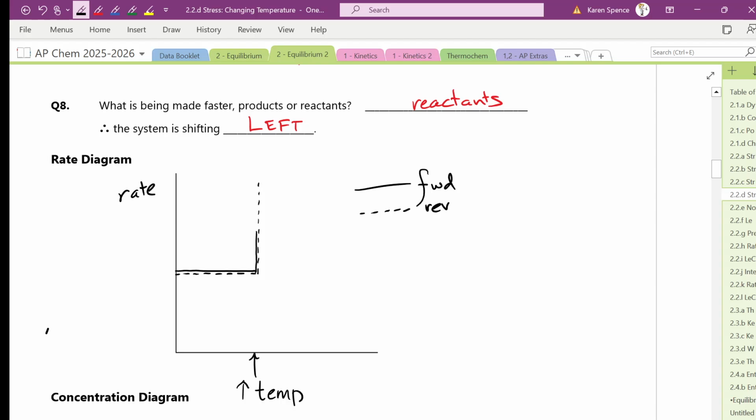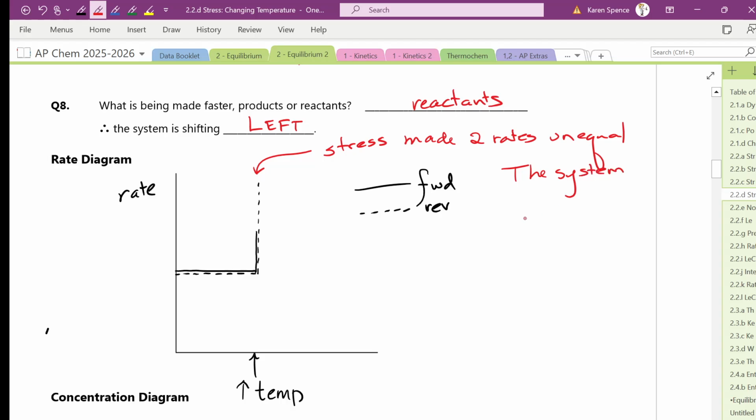So our stress has made the two rates unequal. The system will then shift until what? Yeah, it shifts until the rates are equal once again.